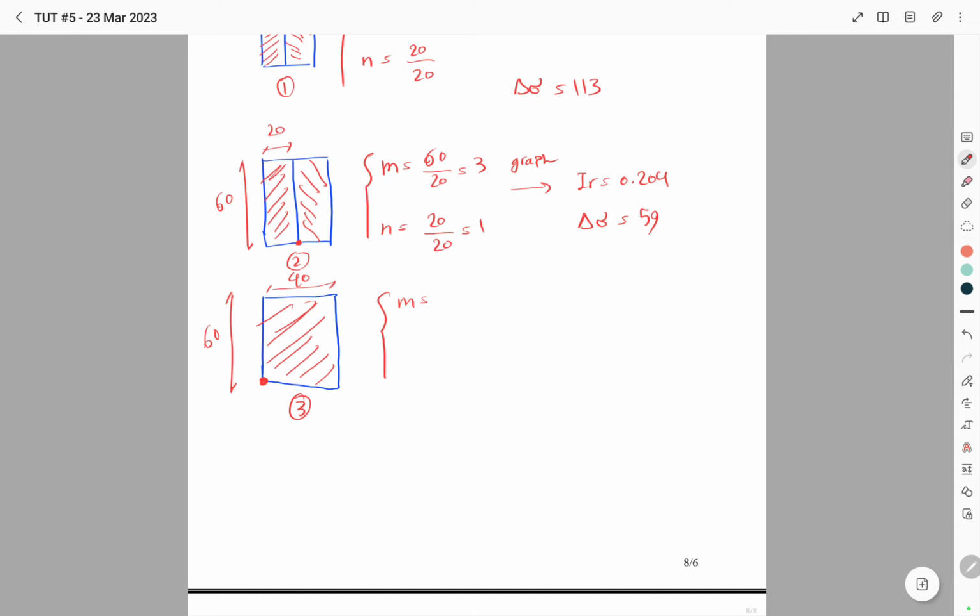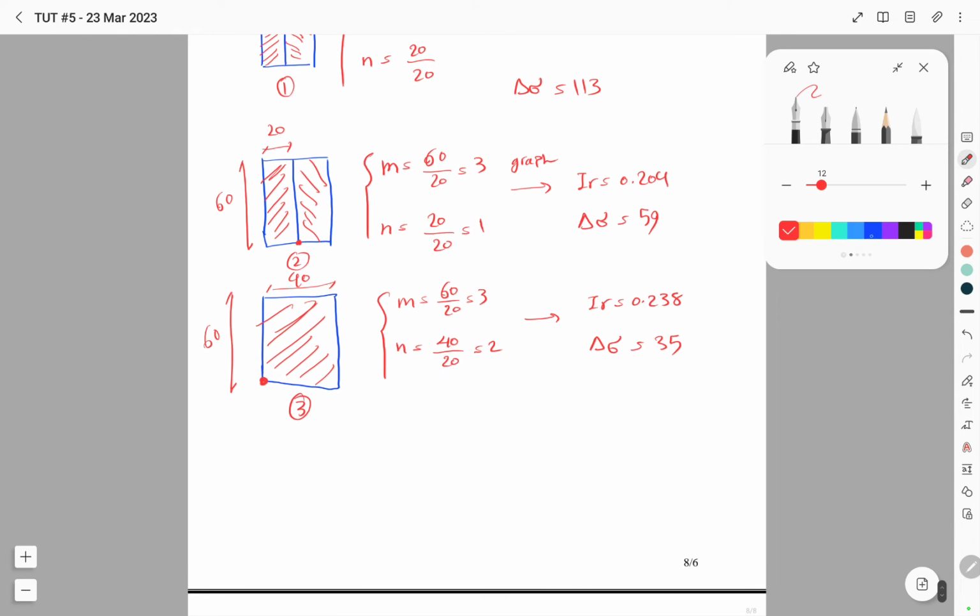So m is equal to 60 over 20. N is equal to 40 over 20, which is equal to 2. IR is equal to 0.238, and delta sigma is equal to 35.